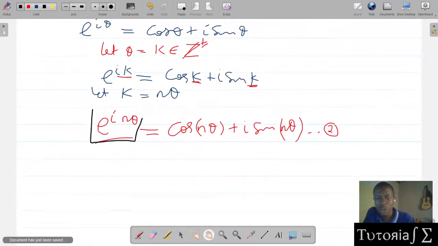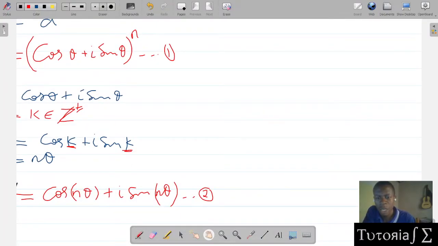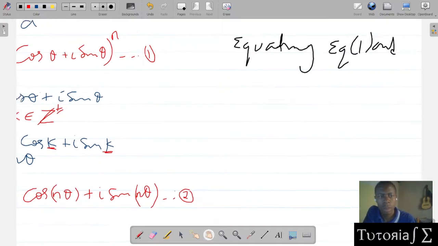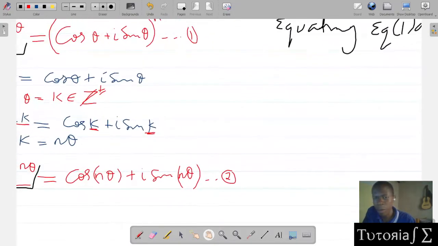Equating equation 1 and 2, what are we going to have?